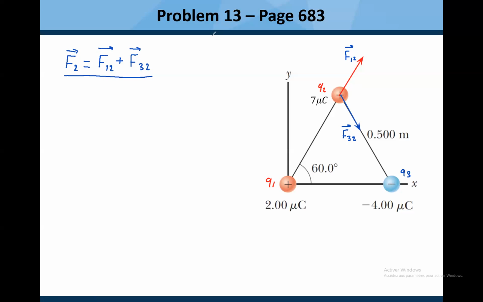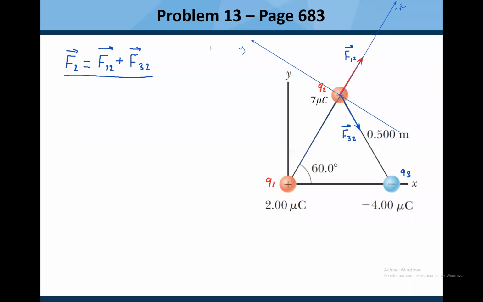For example, if I take the x-axis in this direction and the y-axis in this direction, here we have x and here y. You can choose this one y and this one x, the same result.